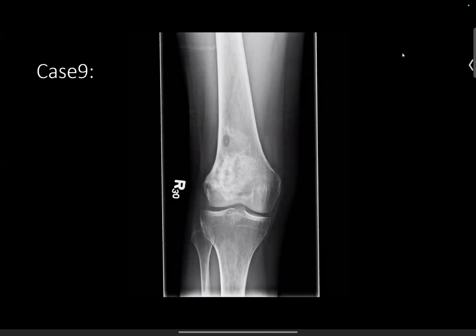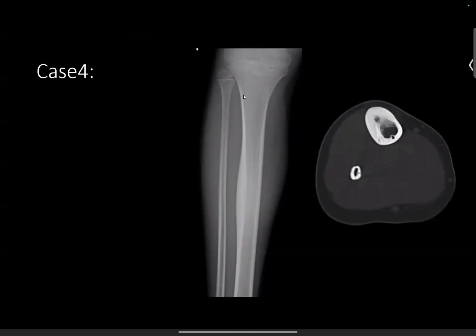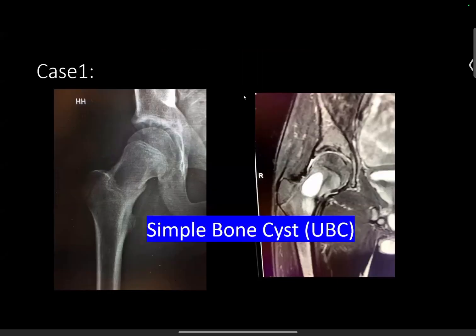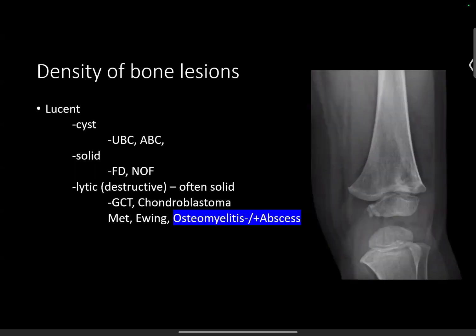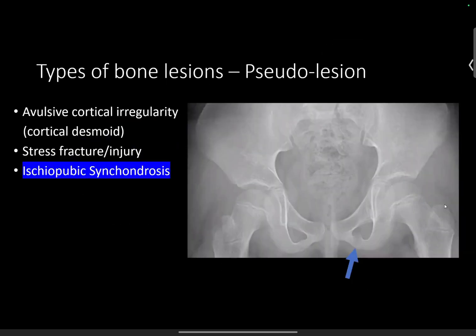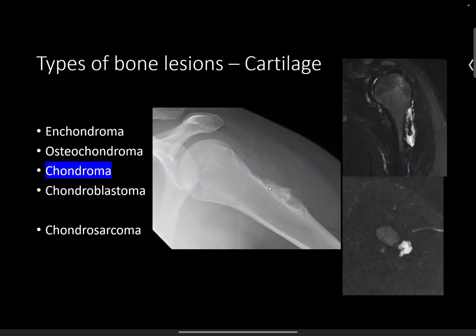That's why it causes a very characteristic scalloping appearance onto the cortex. If you look here, because of this lesion, it's pushing down onto the bone but not invading it, and it causes a rough surface. So it's not intracortical, it's a pressure erosion. An enchondroma is just a lesion in the medullary space.